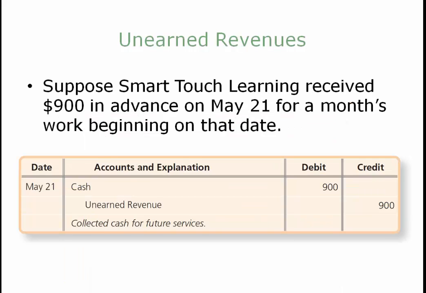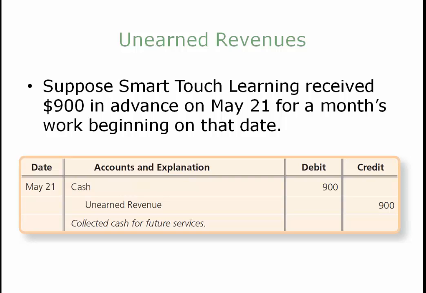Now, it looks like this next one here talks about unearned revenue. This one is for Smart Touch, where they took in $900 for something that they were going to do sometime in the future. They told the client, okay, if you want this computer, you're going to have to give me a certain amount of money down, and if you want me to get it prepped for you, you're going to have to put this $900 down, and that's your deposit.